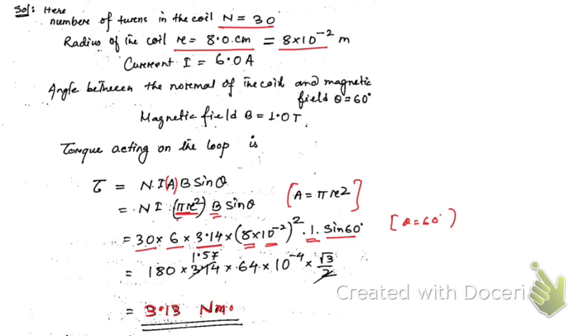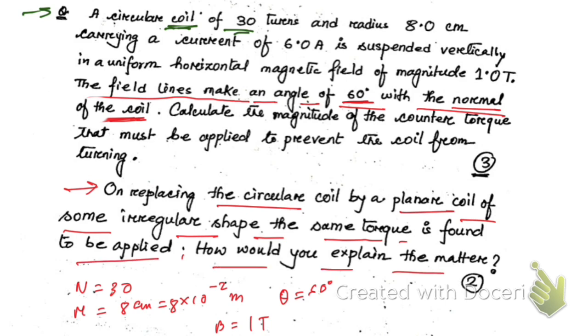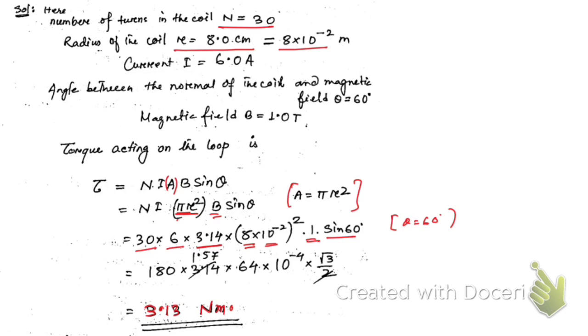Now you see what is the next part of this question. On replacing the circular coil by a planar coil of some irregular shape of the same area, the torque is found to be the same. How would you explain the matter? Now, if you don't change the magnetic field, whatever be the magnetic field here, let me take this magnetic field B, this is 1 Tesla, so keep it 1 Tesla.